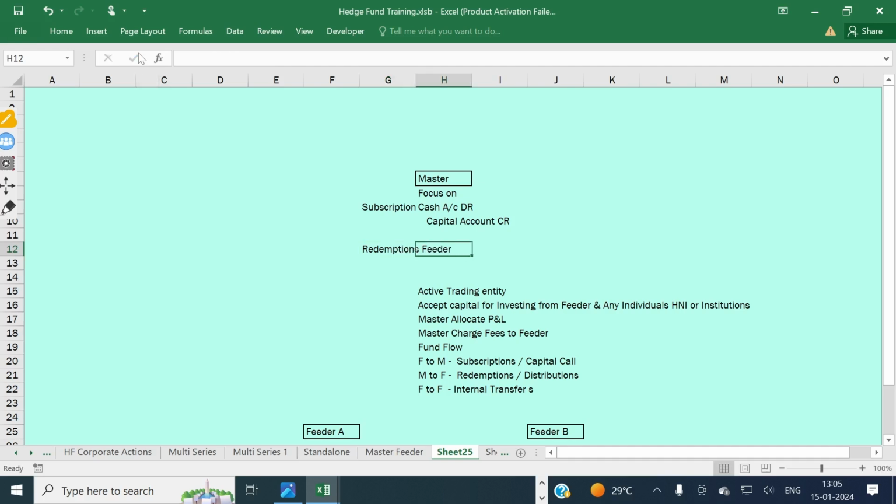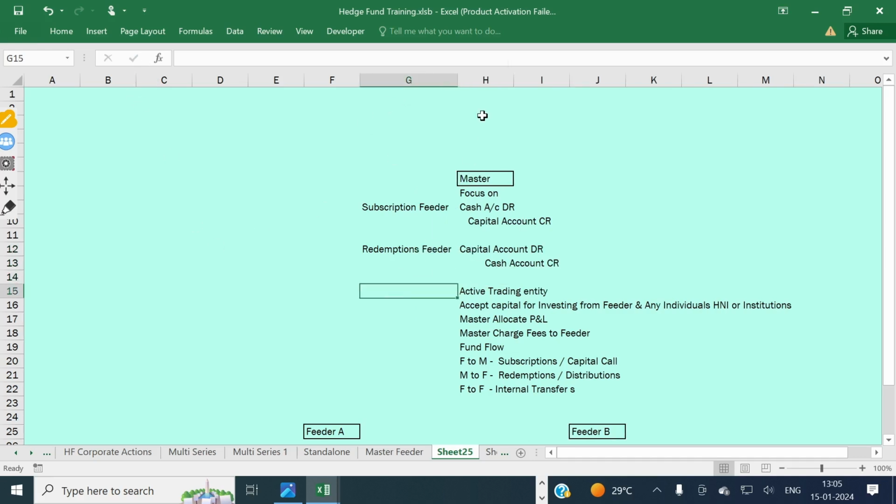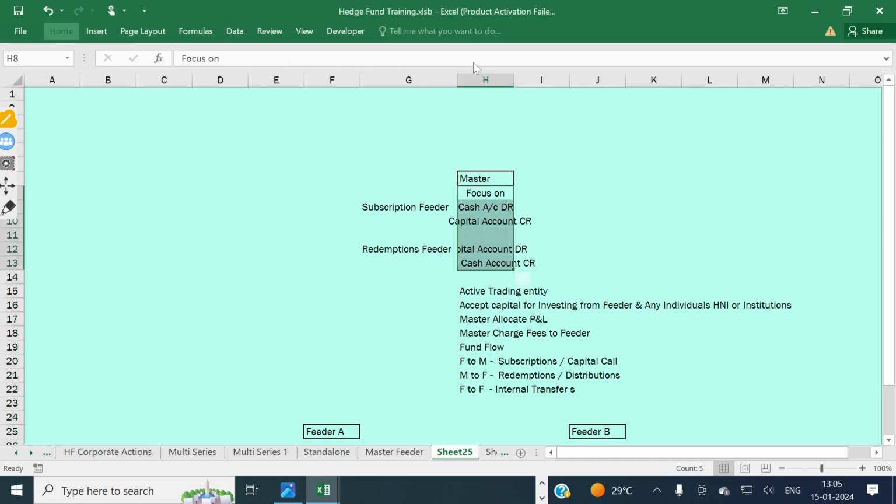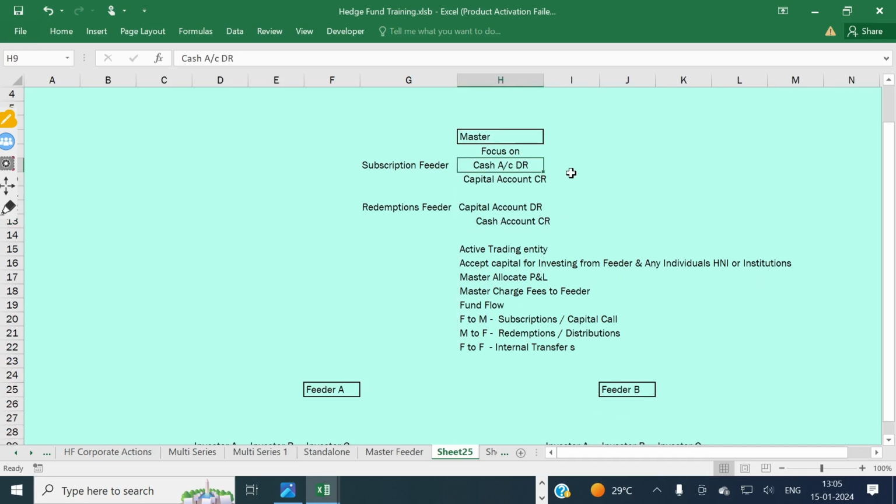For redemptions to a feeder, the accounting entry would be capital account debit, cash account credit. All right. Let's assume you have received this one.